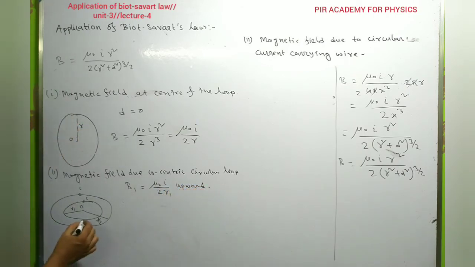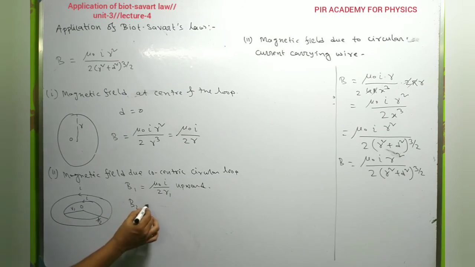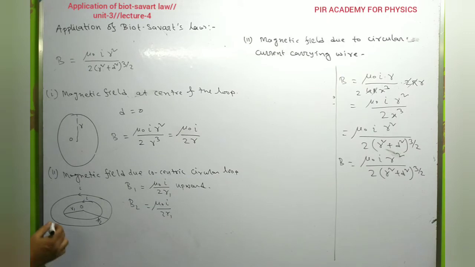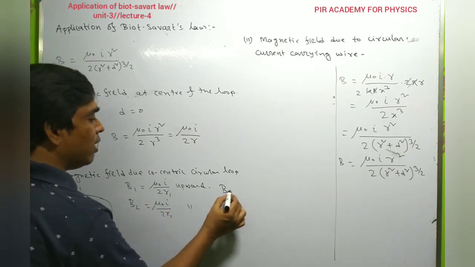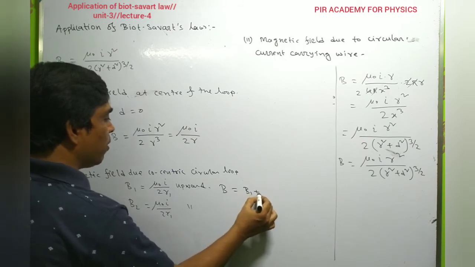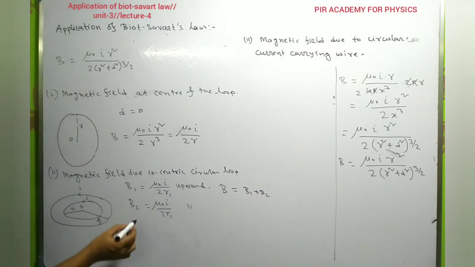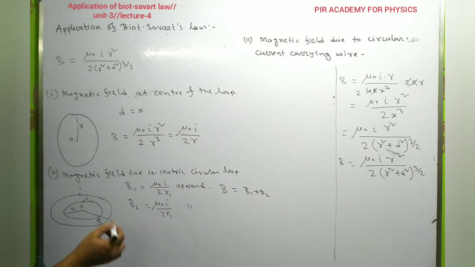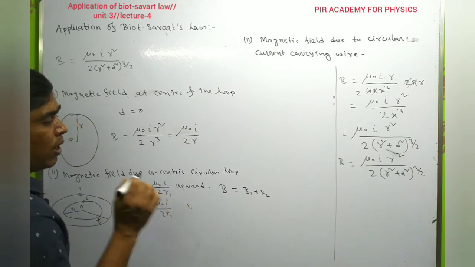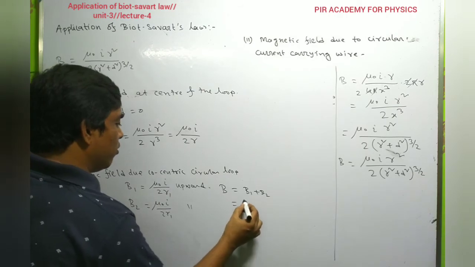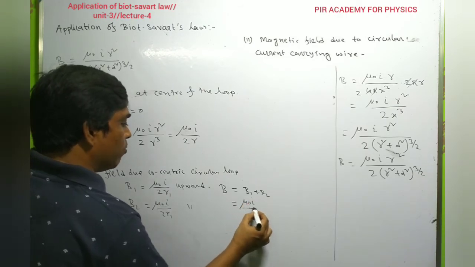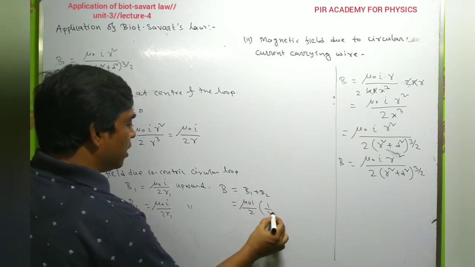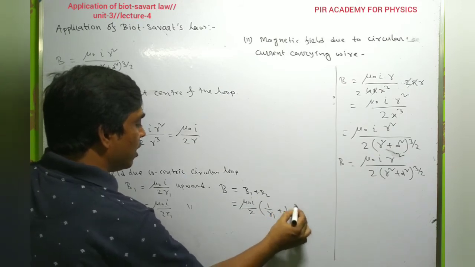And here B2 will be mu 0 I by 2 R2, and this is also upward. So the total magnetic field will be B1 plus B2, because it's the same direction. The vectors are the same, so you only have to add them. So it will be mu 0 I by 2, 1 by R1 plus 1 by R2.